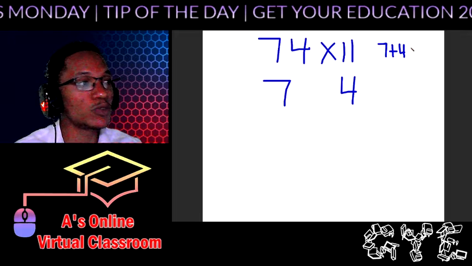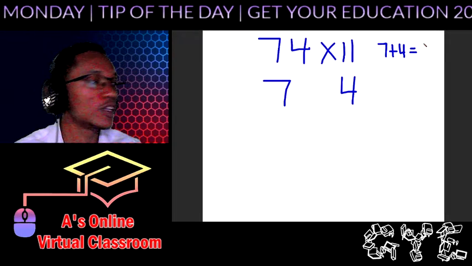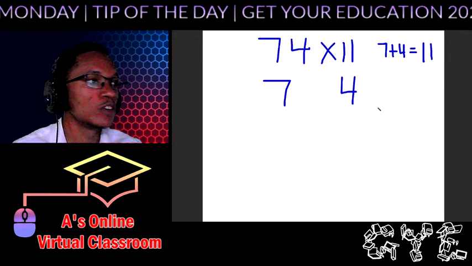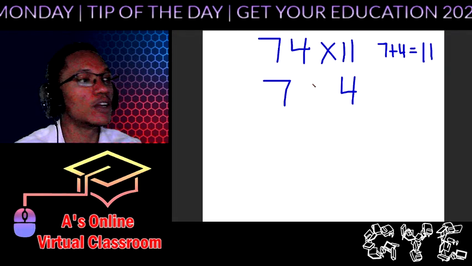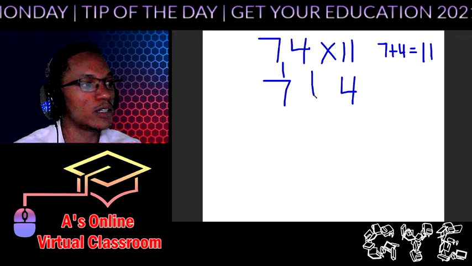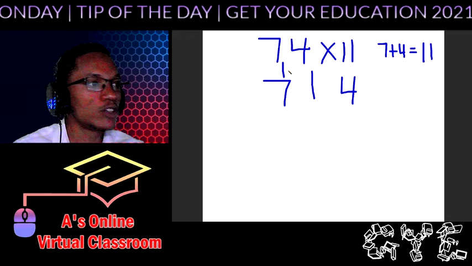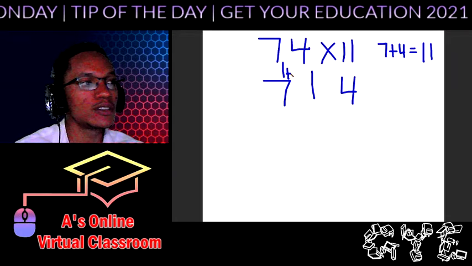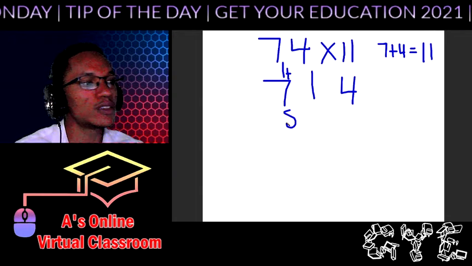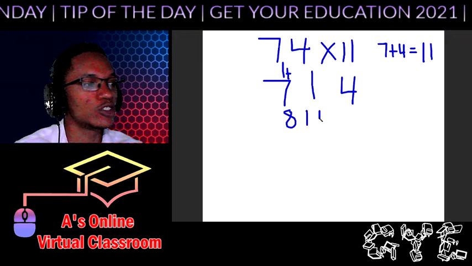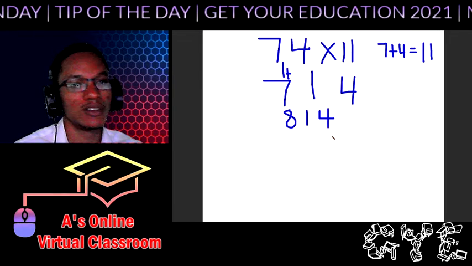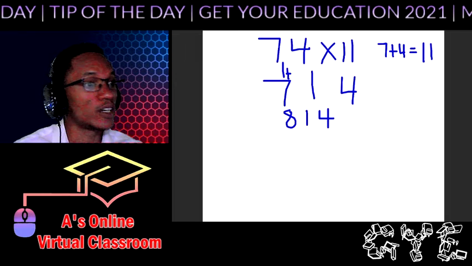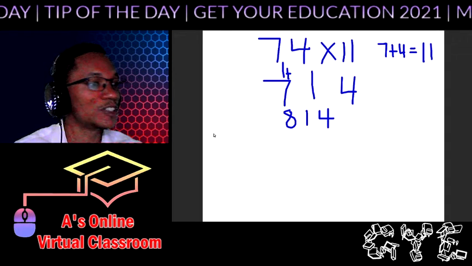Now 7 plus 4 is actually 11. So this is what you will do. You're taking the 11 and you're dropping it in like this. The 1 on top of the 7, you will add it, and the 7 will become 8, and you'll get 814. You can check it on the calculator.